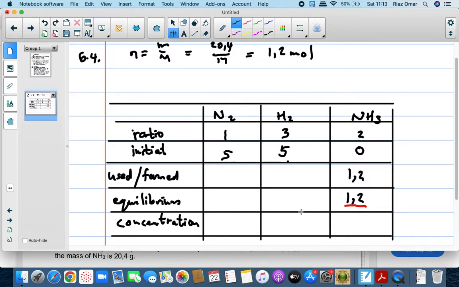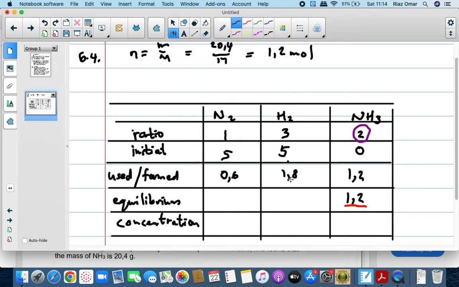And once we know the amount of ammonia that was formed, from here we can use our ratio. There's 2 ammonia formed, there's 3 hydrogen, and there's 1 nitrogen. If this was 1,2 and that was 2, then with the ratio 1 is to 3 is to 2, if this was 1, then this will be 0,6, and this was 3, that will be 1,8.